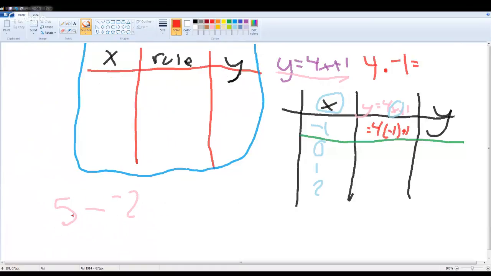You change the middle sign, which is subtraction, to addition, and then the sign of the second number. The second number's sign is negative, so change it to a positive. So basically, 5 plus 2 is 7. That's your answer.